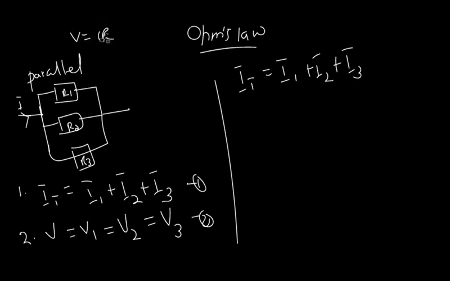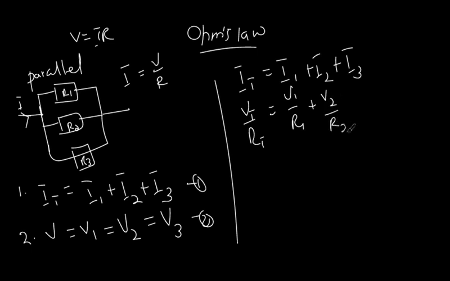So if we make I the subject, our I will be equal to voltage over resistance. So instead of having IT, we have VT, the total voltage, over RT, the total resistance, equal to V1 over R1 plus V2 over R2 plus V3 over R3.